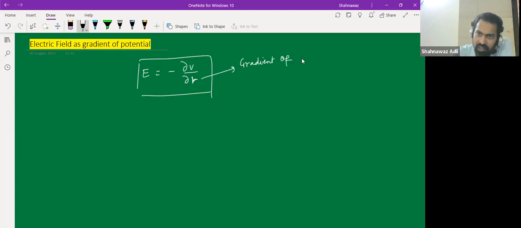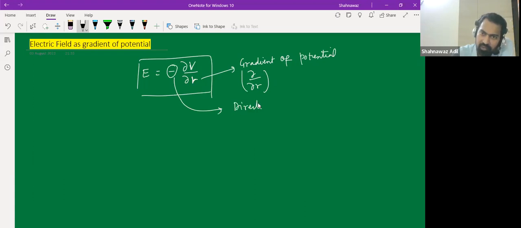So d by dx or d by dr is called gradient, and this V is potential. So gradient of potential, right? And this minus sign signifies that the direction of electric field is from high potential to low potential, right?